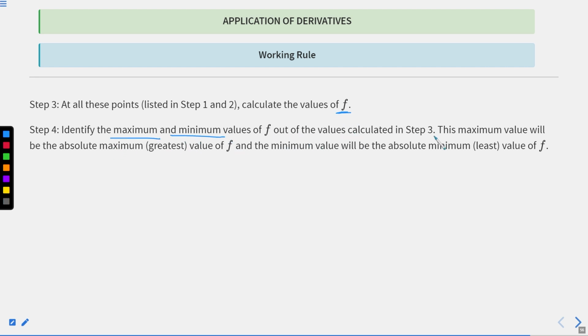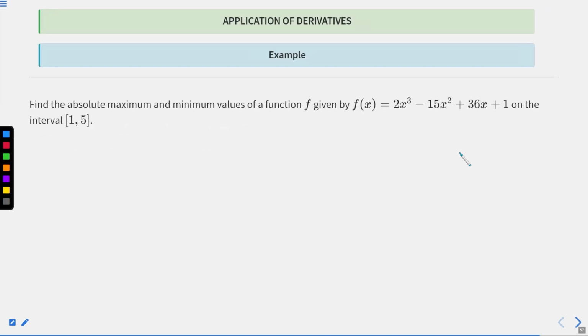Out of these values, the maximum value will be the absolute maximum value of f and the minimum value will be the absolute minimum value of f. Simple. Let us do an example.